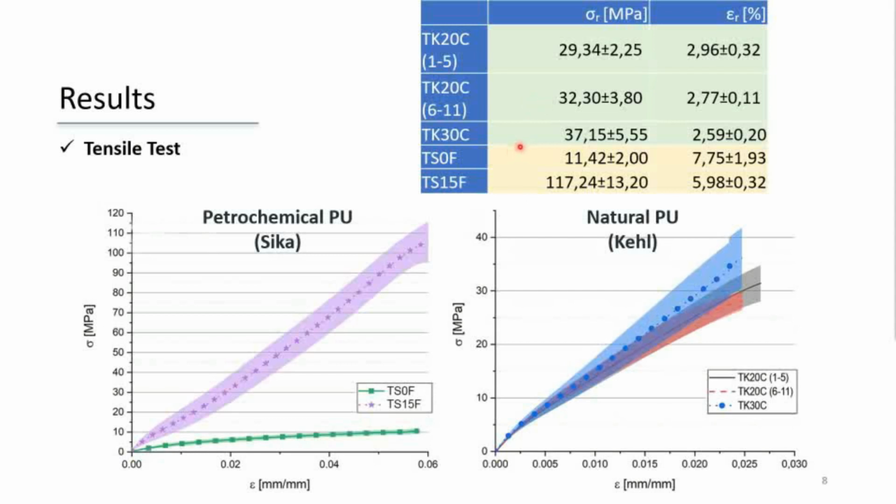In samples with 30% of calcium carbonate, the maximum tensile reached was 37 megapascal. Even though the calcium carbonate worked as a reinforcement, as these particles were only mixed with the polyol, using large amounts of calcium carbonate made the homogenization difficult, justifying this big standard deviation that you can see.